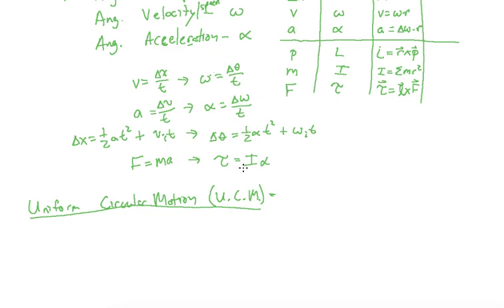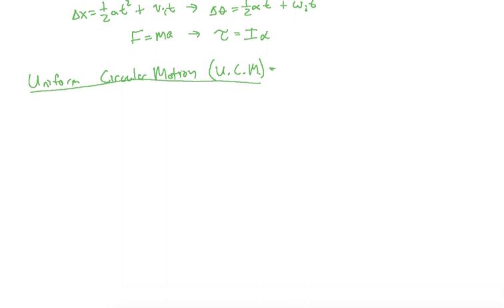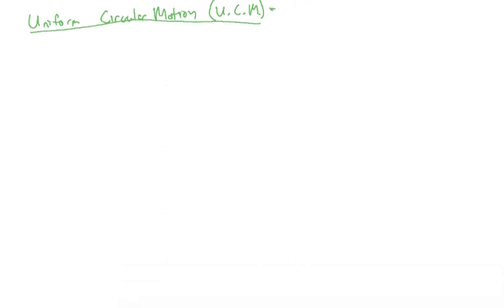So a constant angular velocity and therefore a constant tangential velocity. And we'll talk about what tangential velocity is in just a minute. Okay, so that uniform circular motion, you need to know that and have that defined.